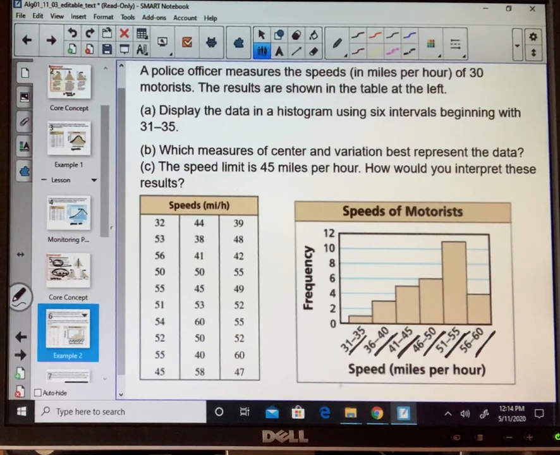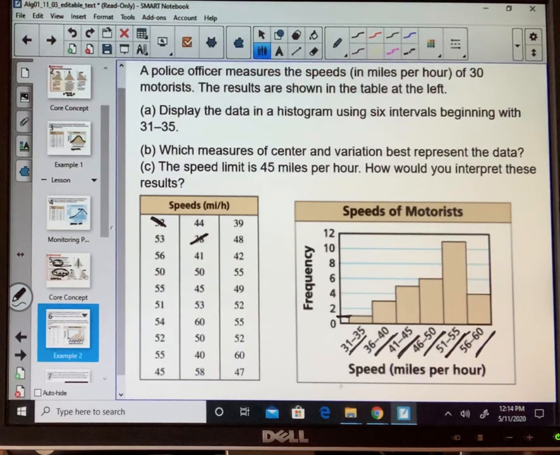And then we just count. So if I'm looking for 31 to 35, I've got 1 here in this list. Do I have another one? I can't find another one. Okay, that makes sense. That's why there's only 1 here, right? It only went up to 1 on the frequency. Now, if I was talking about the next one, 36 to 40, I'm looking down this row, and I've got nothing in the first row.